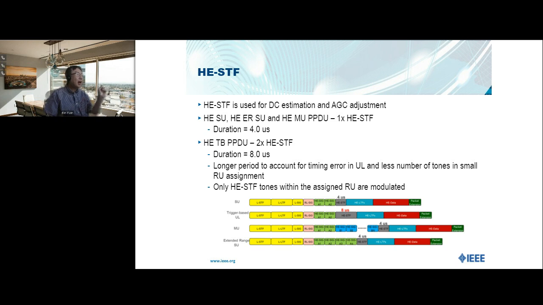The second part is that for the trigger-based PPDU, some RUs, for example RU26, may only have 2 STF tones. So if we use 4 microseconds, that tone number is too small. So we use a 4x STF, use 8 microseconds, use 2x numerology, giving it more tones for better AGC conditions.